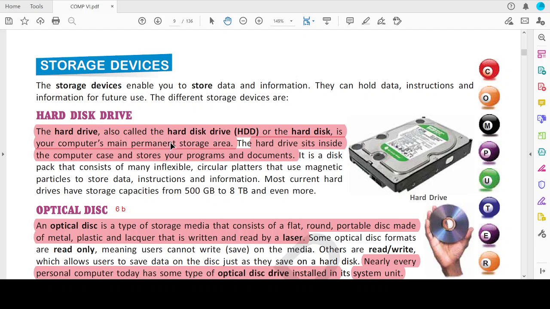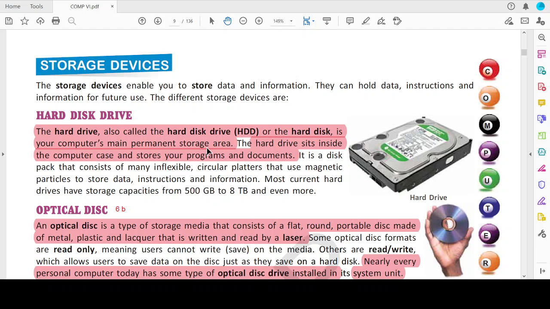In our desktop or laptop computers, we generally have a hard disk of 500 GB or 1 TB, or maximum 2 TB. But in a computer where the user may need more storage, there may be a hard disk of greater capacity. So you have to remember that hard disks are the permanent storage area of your computer.